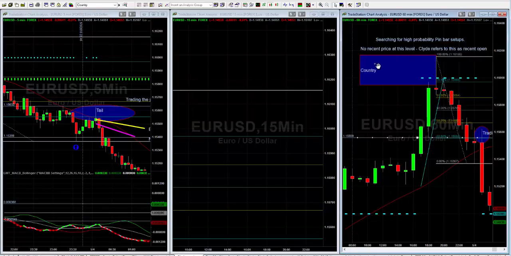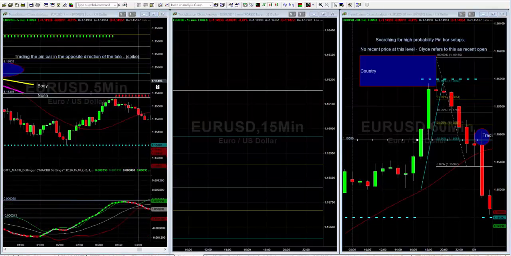What would invalidate this pin bar would be if we traded in this area here on this pin bar. That would mean that we've broken that potential pin bar setup. So we don't really want to see price trade in this range here.